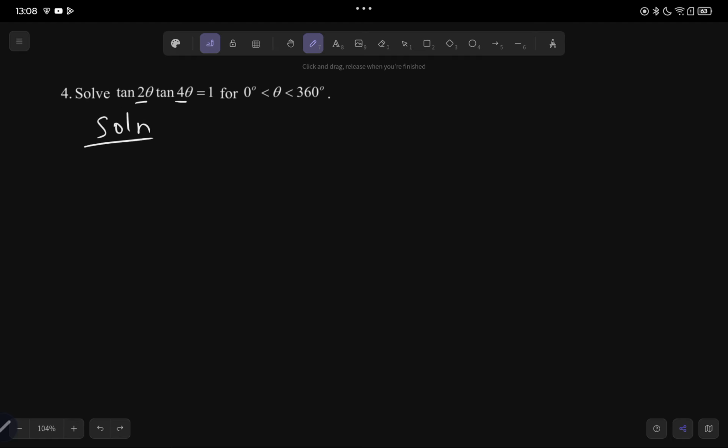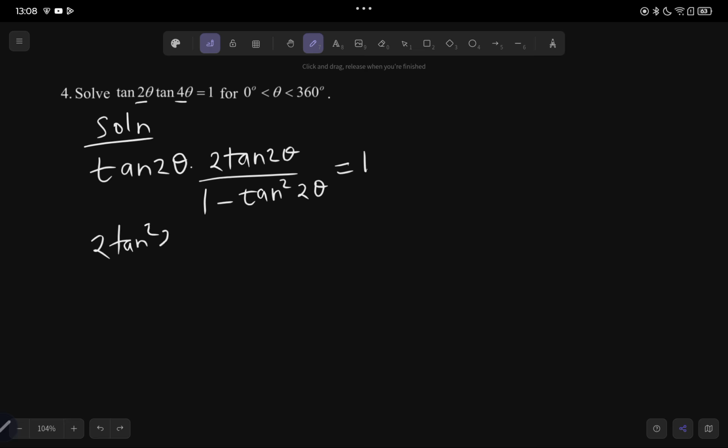So tan 2 theta, now tan 4 theta is the same as 2 tan 2 theta out of 1 minus tan squared 2 theta, this one comes from multiple angles, is equal to 1. We shall get 2 tan squared 2 theta over 1 minus tan squared 2 theta is equal to 1.